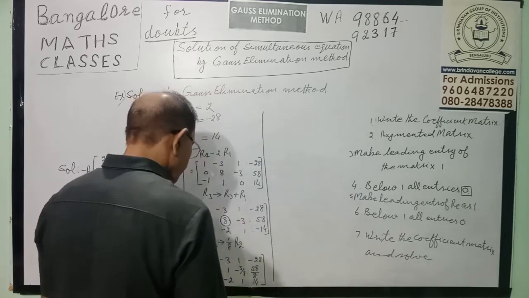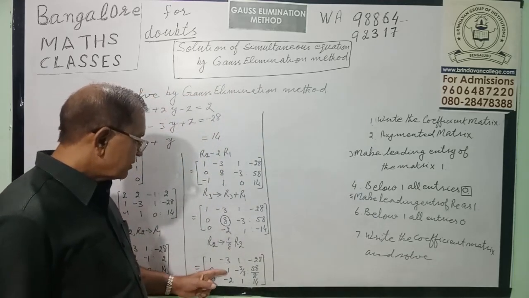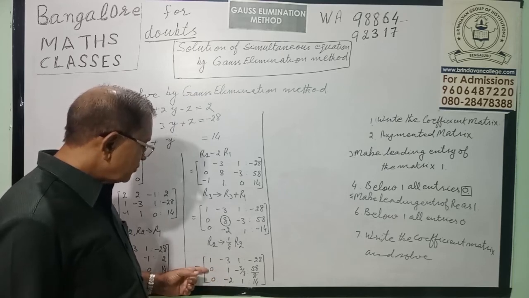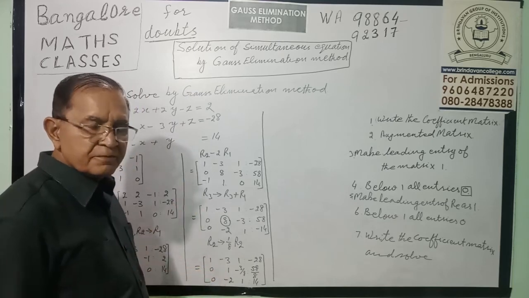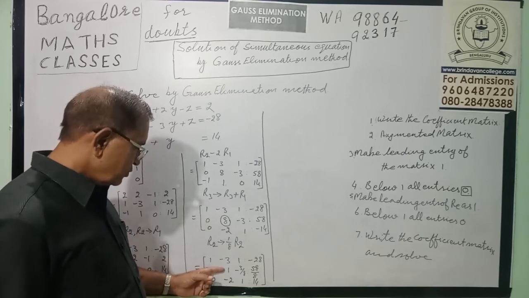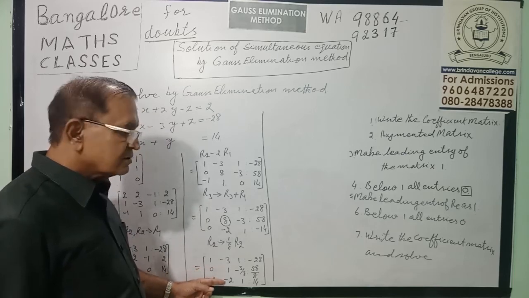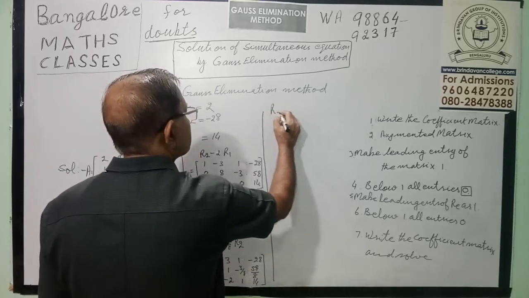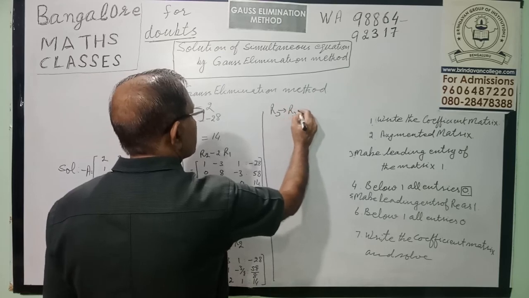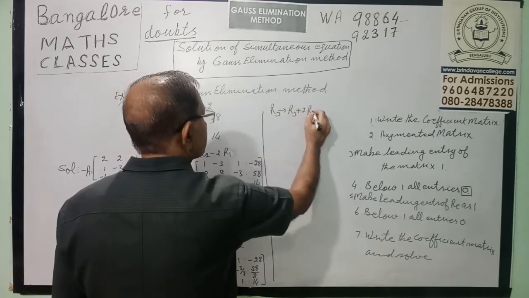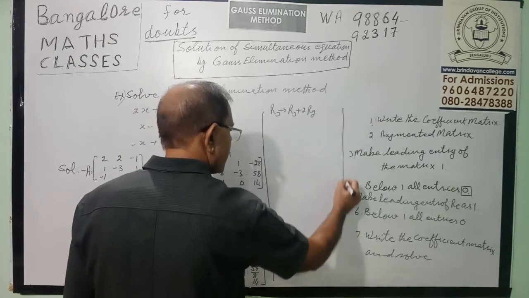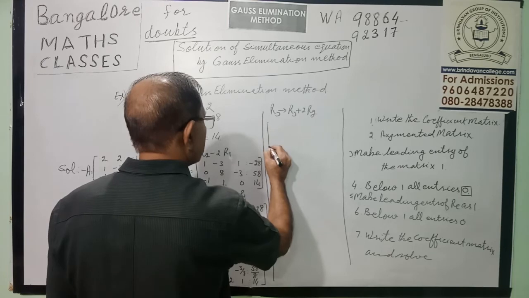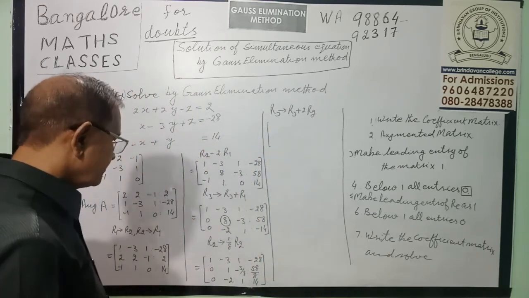Now see here, we have got 1, below 1 I want to make 0. It means double of R2, added in R3. That is now what will be the concept. R3 to R3 plus double of R2. I am changing only R3.